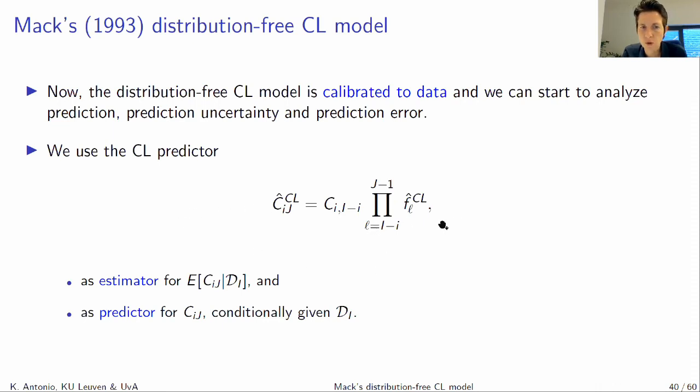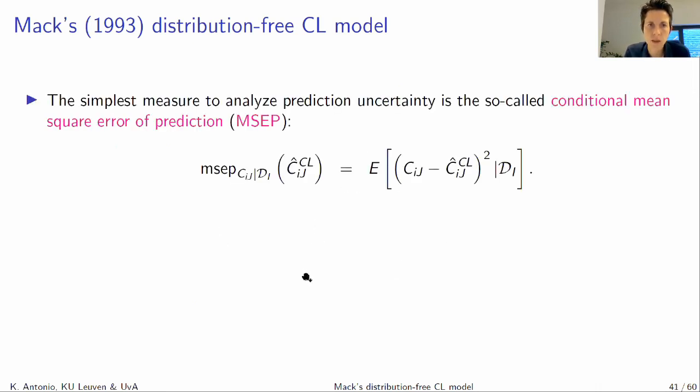If I approach these as random variables, then I constructed an estimator for the best estimate of the ultimate claim amount, or a predictor for the random variable that represents the ultimate claim amount, given the data as observed so far. So we're going to work with this chain ladder predictor.